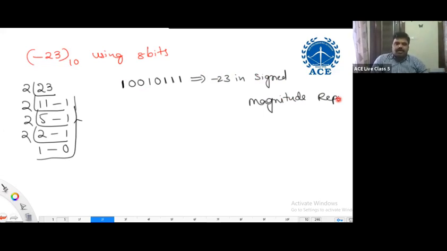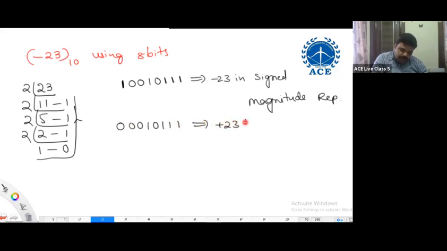Sign plus magnitude. Now, I want to get minus 23 in 1's complement and 2's complement representation. For that, what should I do? First, represent plus 23, using 8 bits. Plus means MSB is 0. 23 is what? 0, 0, 1, 0, 1, 1, 1. What is this now?